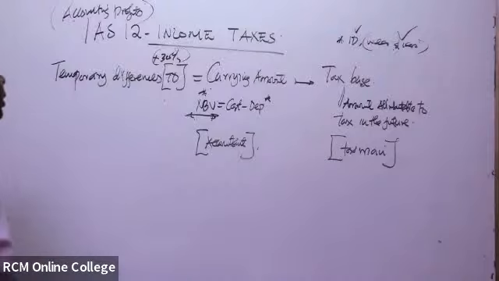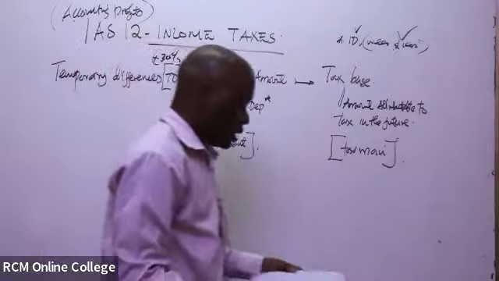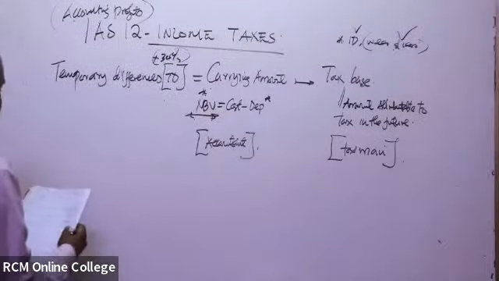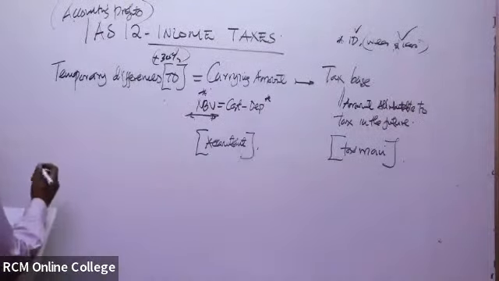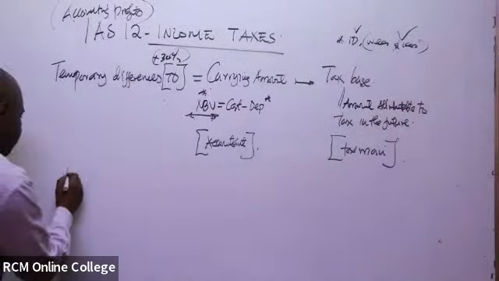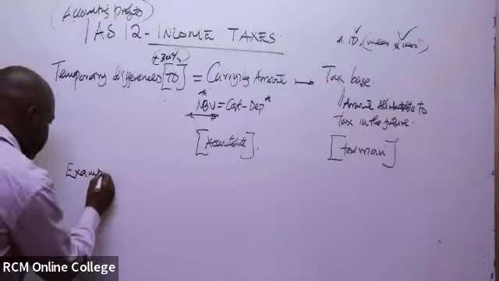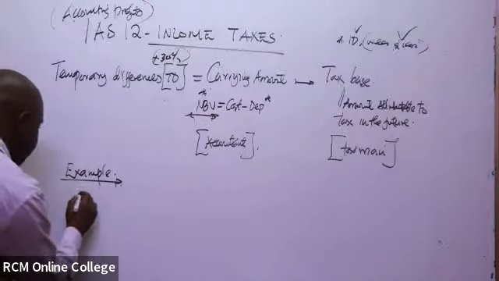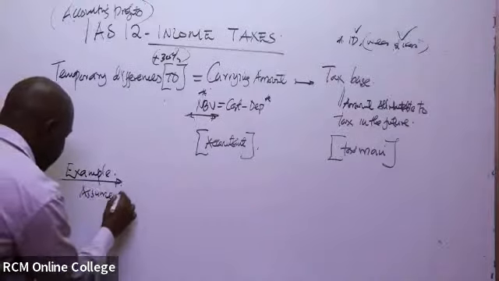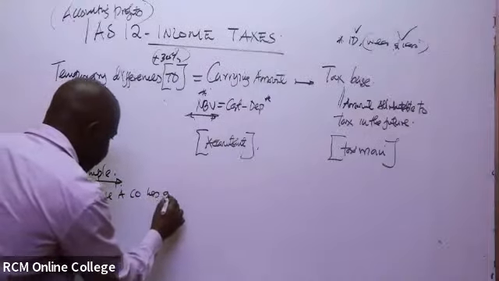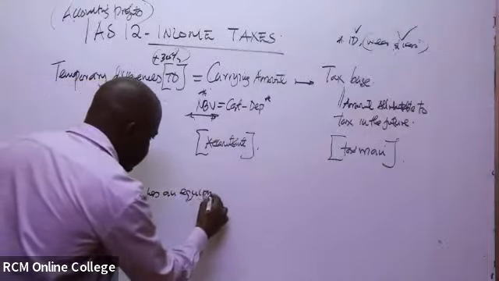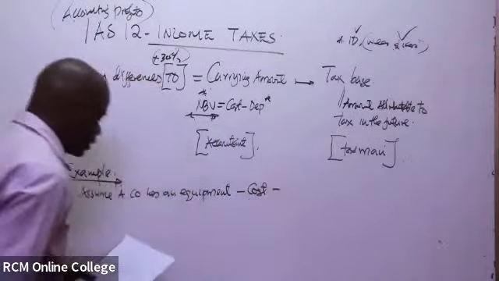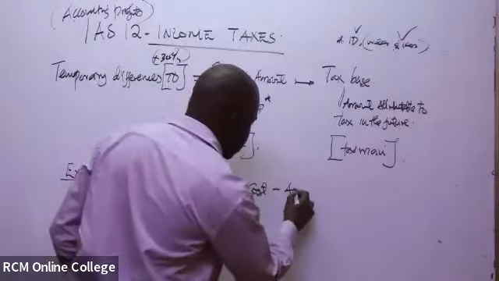But of course, maybe let's see an example so that you can have the perspective. Let's say, for example, we have an asset. So assume an equipment. Assume a company has an equipment of cost, let's say, 4,000.